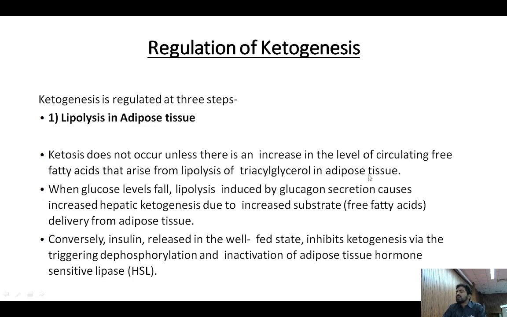Lipolysis is happening in adipose tissue, releasing more and more free fatty acid, ultimately leading to increased hepatic ketogenesis due to increased substrate, free fatty acid, delivered from adipose tissue. If you read these two sentences, you will understand how lipolysis in adipose tissue is connected with increased ketogenesis in the liver.